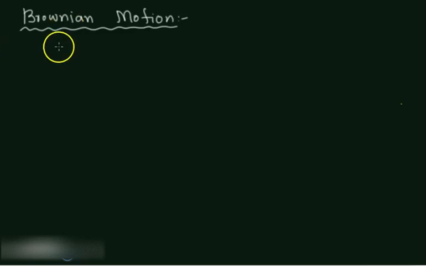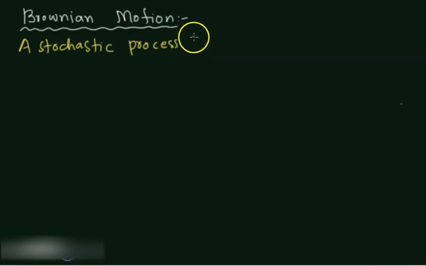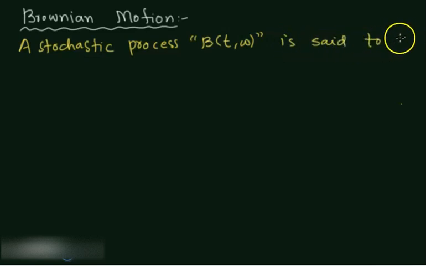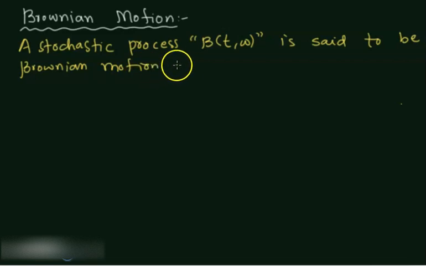A stochastic process, let me denote it by B of t comma omega, is said to be Brownian motion if it satisfies the following conditions.